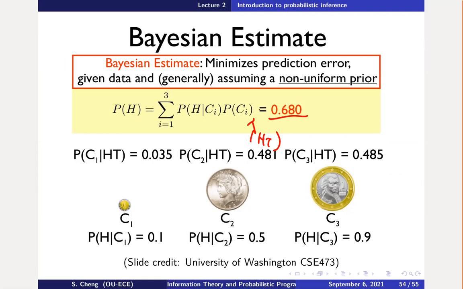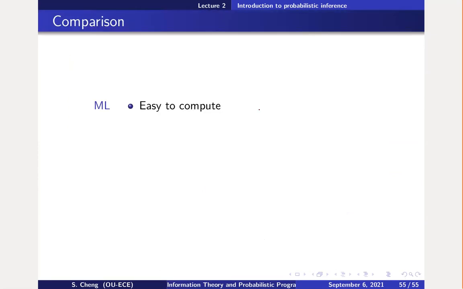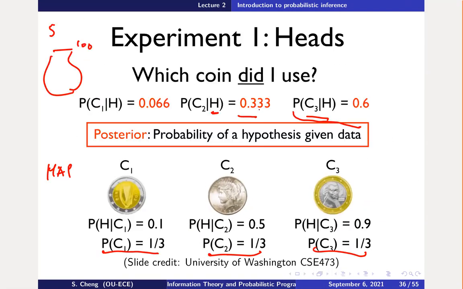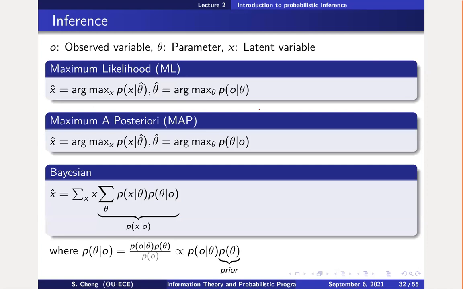So I guess in summary, let me just give a slide to summarize these methods. You can think of lots of problems as having a very similar setup. First you have some observed variables, like you did some observation.